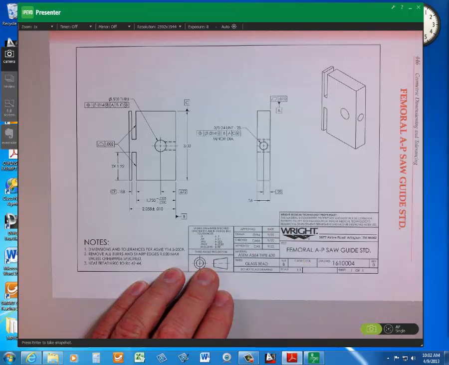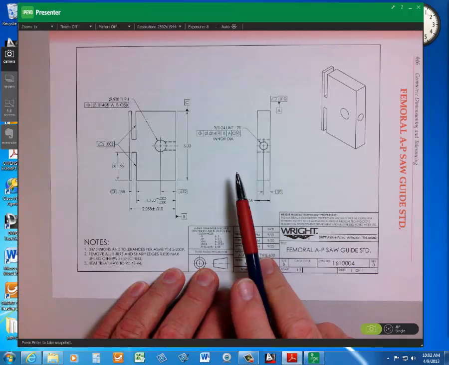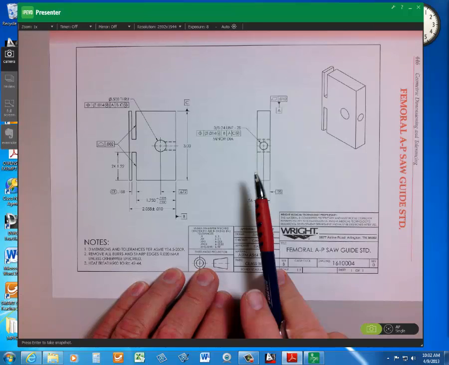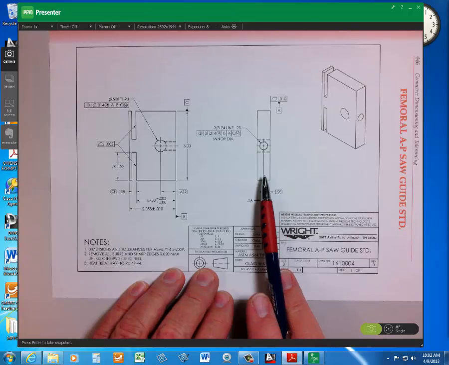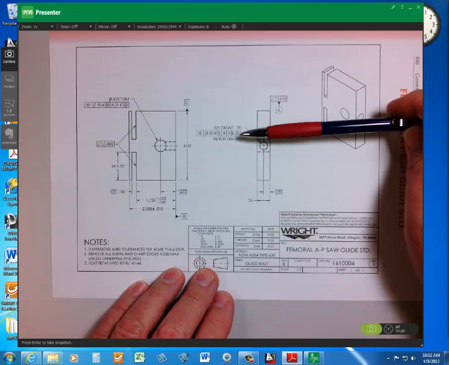Okay, so the location dimension from datum A and the location application relative to datum C. So your feature is located 0.28 from datum A and is on center plane here, max material boundary.